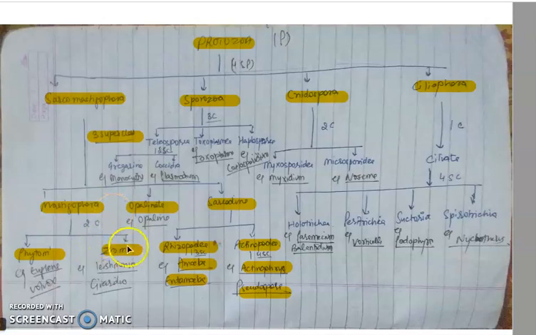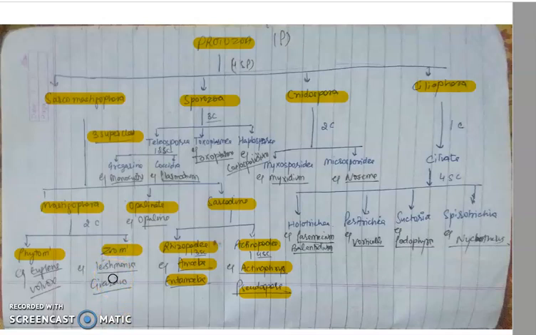Phytomastigophora, as the name indicates, phyto means plant, so they bear chromatophores having chlorophyll and are autotrophic in their mode of nutrition. Examples are Euglena and Volvox, which you already know. Zoomastigophora doesn't contain any chlorophyll, and the nutrition here is holozoic or saprozoic.